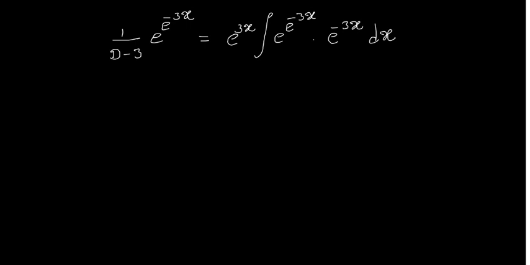Now you can take e power minus 3x equal to u. So the moment you take this equal to u, let me solve the subpart here. If u equals e power minus 3x, what happens to du? Du is nothing but minus 3 e power minus 3x into dx. And what happens to this entire integral?